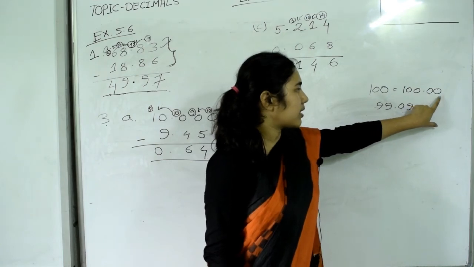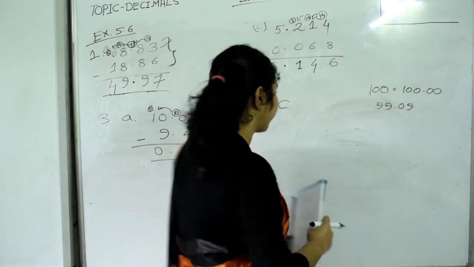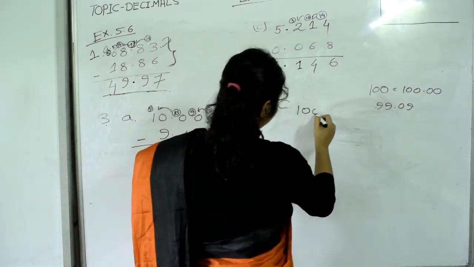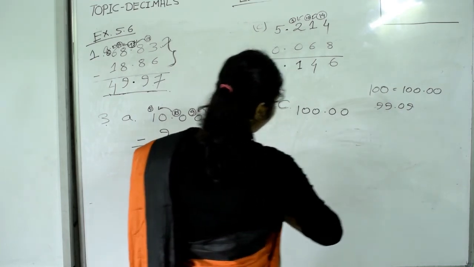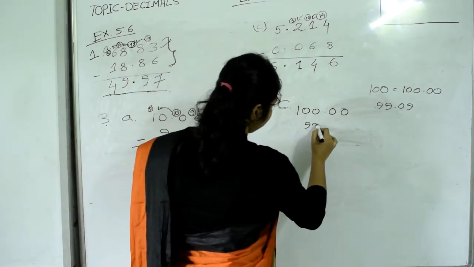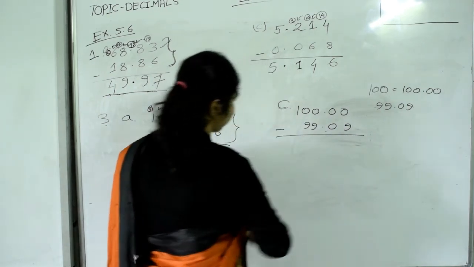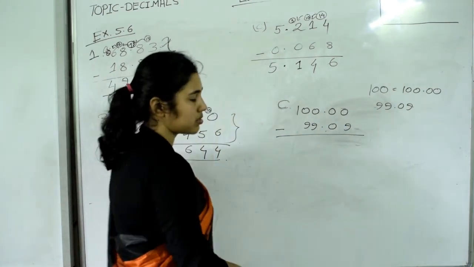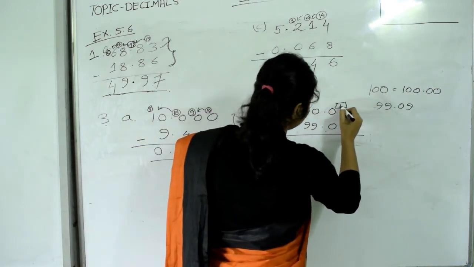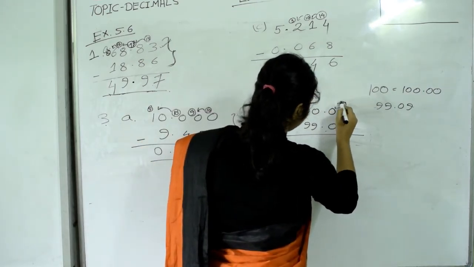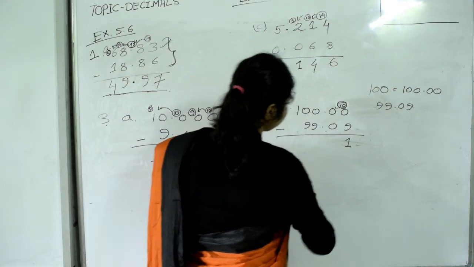That's why we are taking 2 zeros here. Now write the bigger number first and 99.09 here, and now subtract. 9 minus 10, 1.